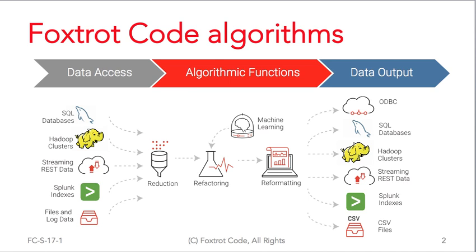Algorithmic development on Foxtrot Code is very quick compared to what you've probably seen before, mainly because of steps we've taken to dramatically simplify how it's done. Just to walk you through a little bit about data access, we can take data from structured and unstructured sources right out of Cloudera Hadoop clusters and other kinds of Hadoop clusters, and out of SQL databases at the table level when we see a new record being laid down.